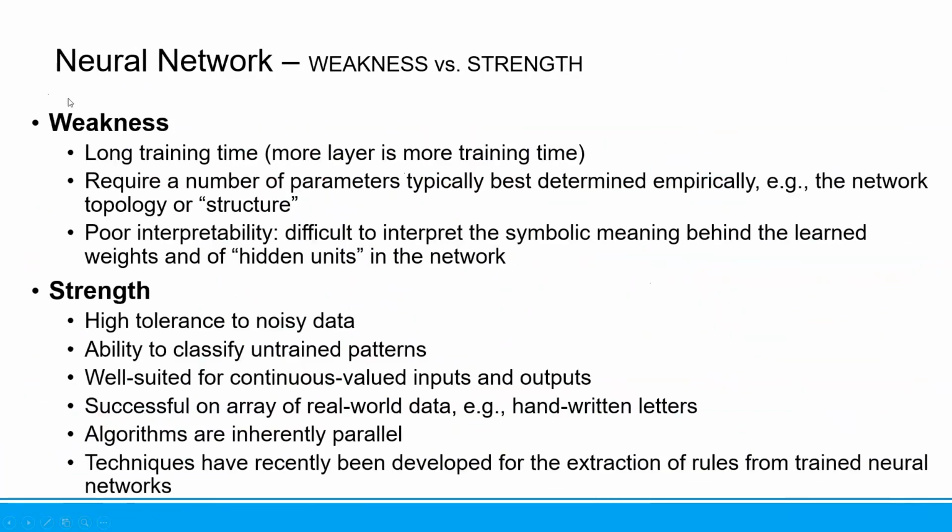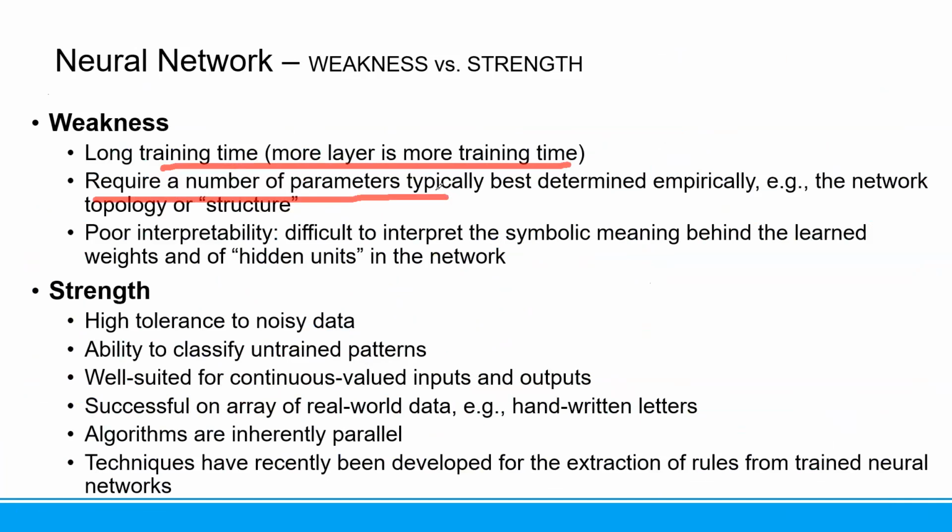So this neural network has some weaknesses. It is long in the training time. And if you have more layers, of course, it will increase the training time. And it requires a number of parameters. So as you know, we need to determine the learning rate, the bias, the epoch, the maximum iteration, and the batch size.